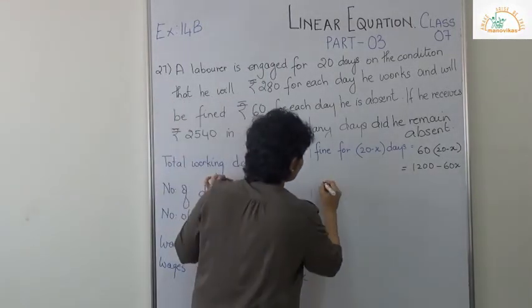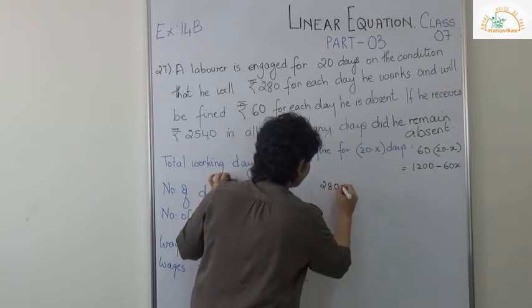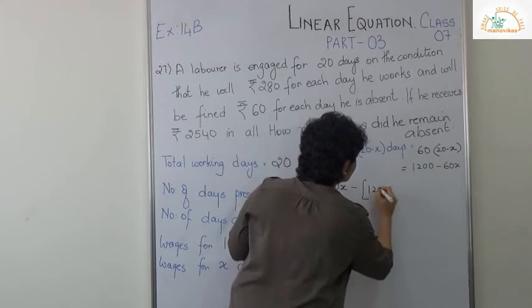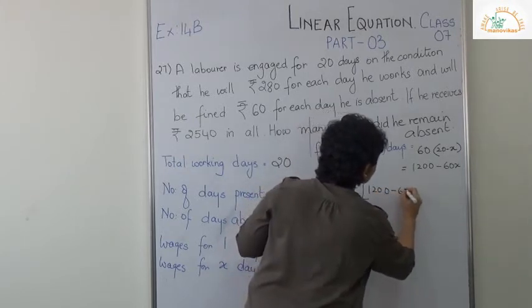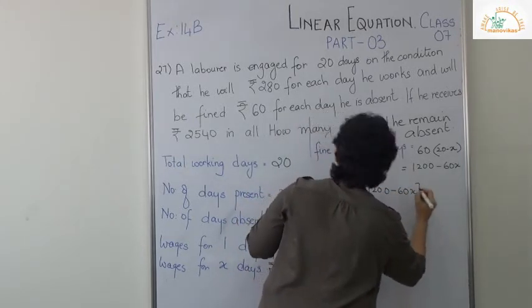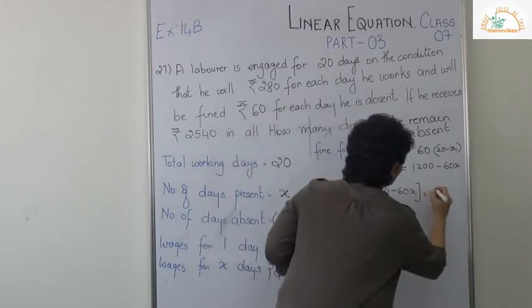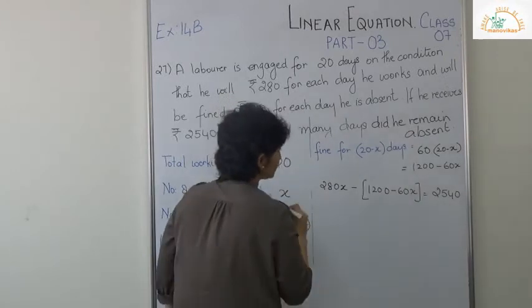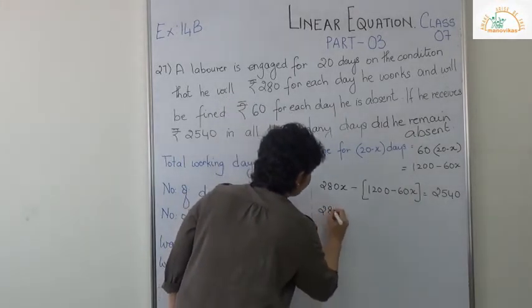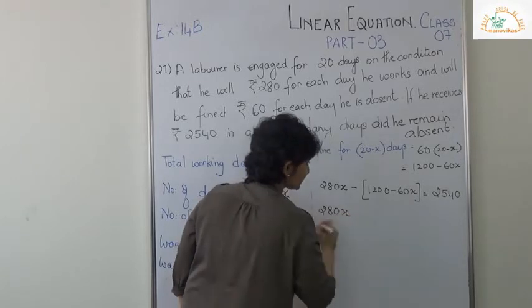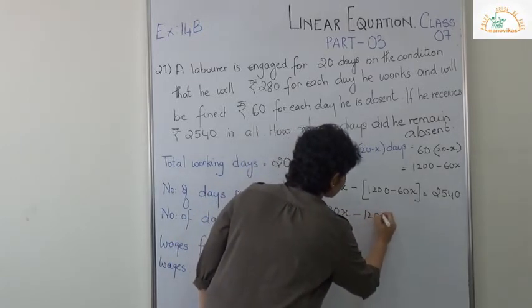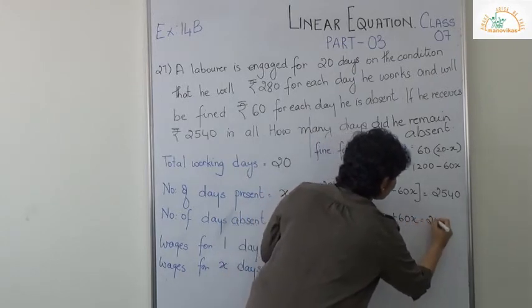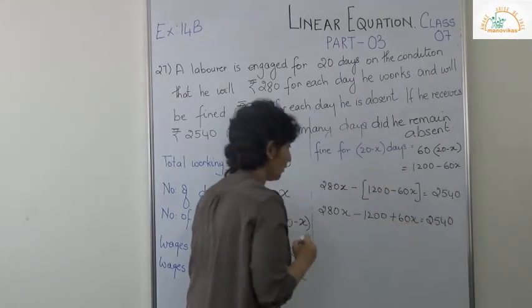So let us see. 280x minus 1200 minus 60x is equal to 2540. Correct? So 280x minus 1200 plus 60x is equal to 2540.